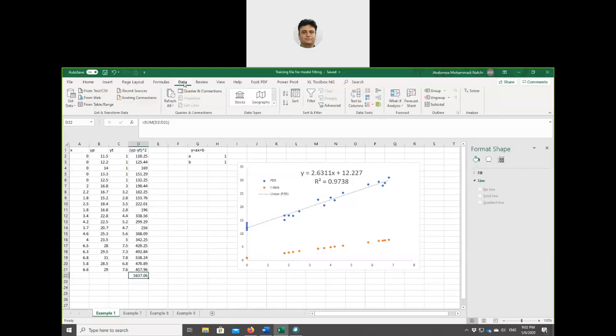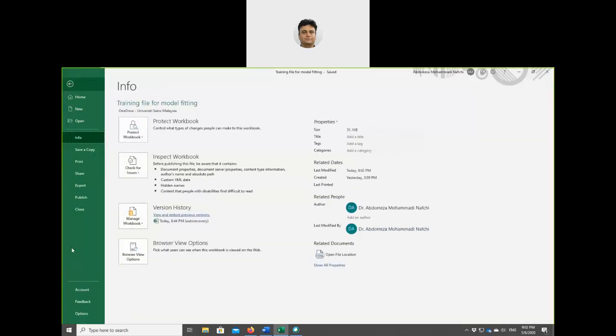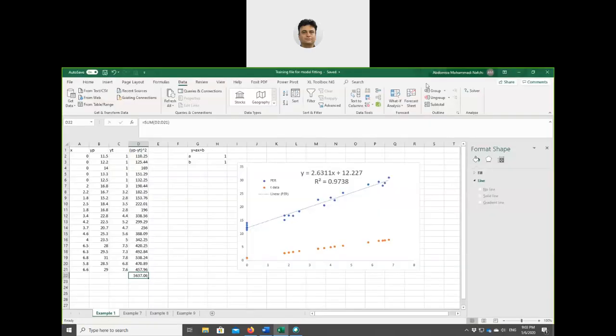Please check your data menu, and you should have Solver. If you don't have Solver here, it's okay, you need to add it.